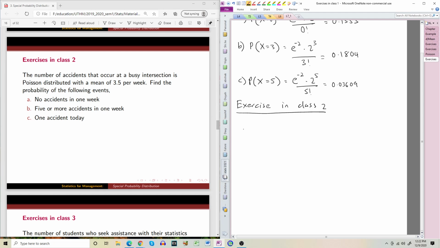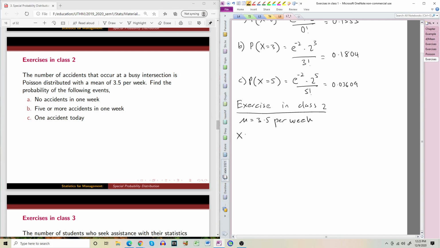The number of accidents that occur at a busy intersection is Poisson distributed with the mean of 3.5 per week. The condition is for 1 week, the average accident is 3.5. Find the probability of the following events. No accident in 1 week. In 1 week, so we can use this mean.